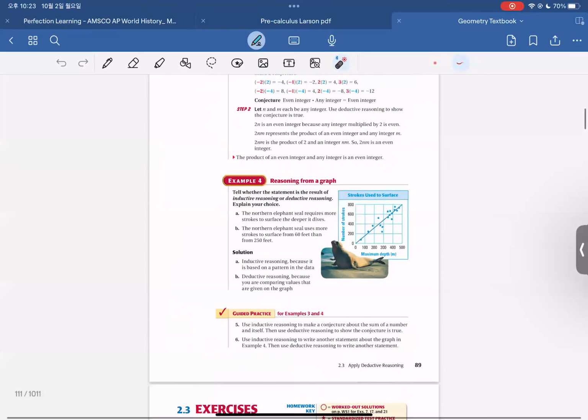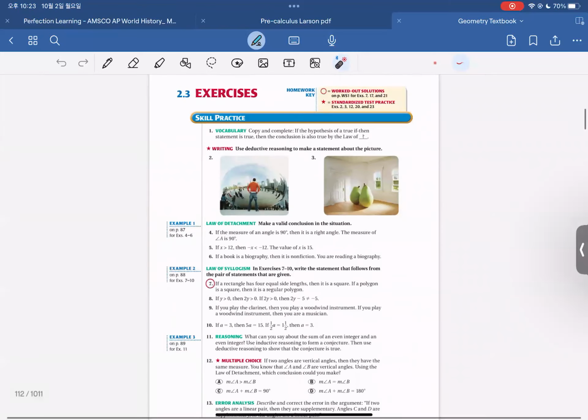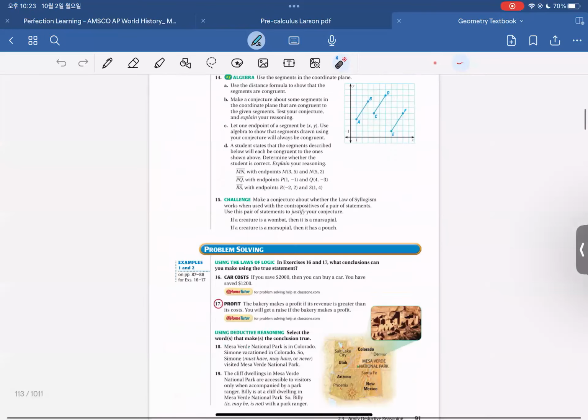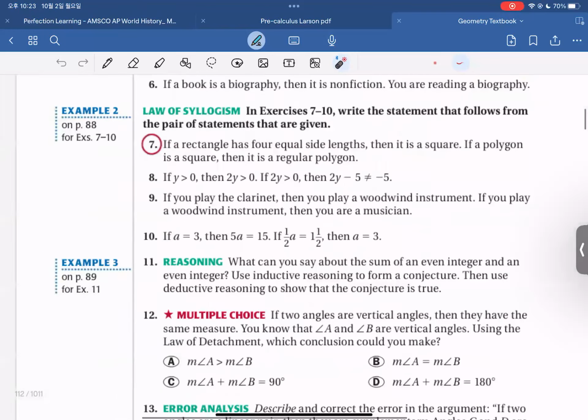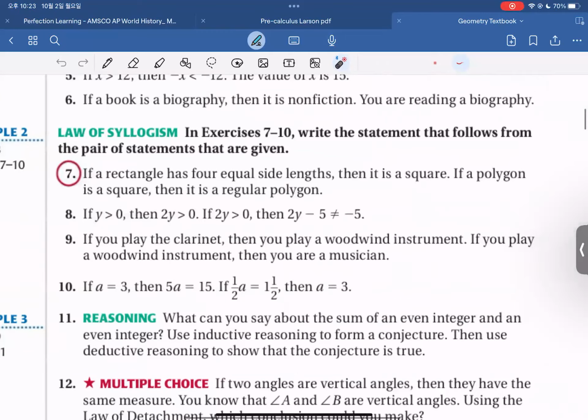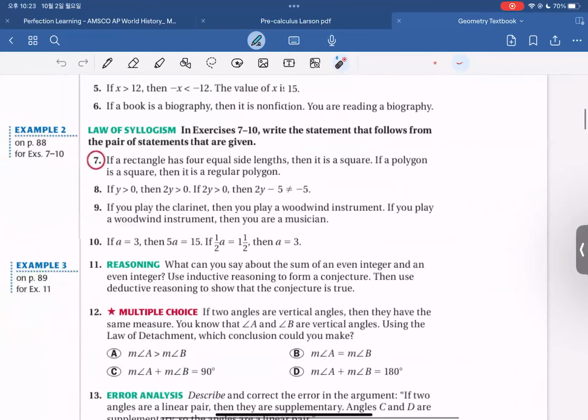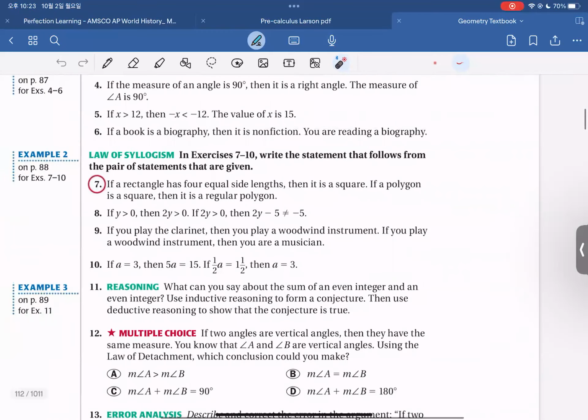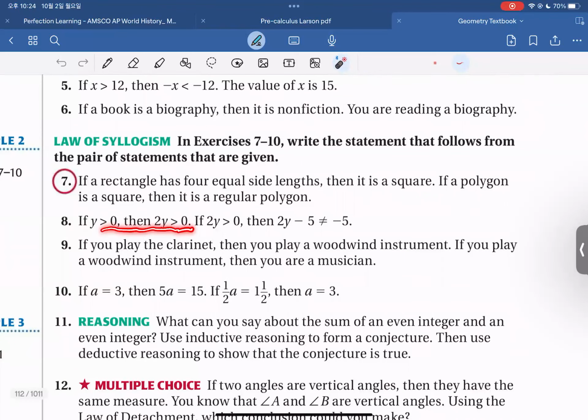And now let's look at some examples. Honestly, the section is pretty straightforward, but let's look at number 8. If y is greater than 0, then 2y is greater than 0. If 2y is greater than 0, then 2y minus 5 is not equal to negative 5. It says to write the statement that follows from the pair of statements that are given.